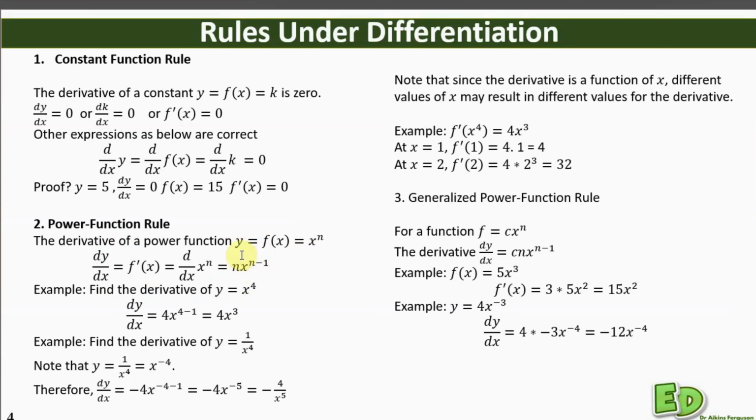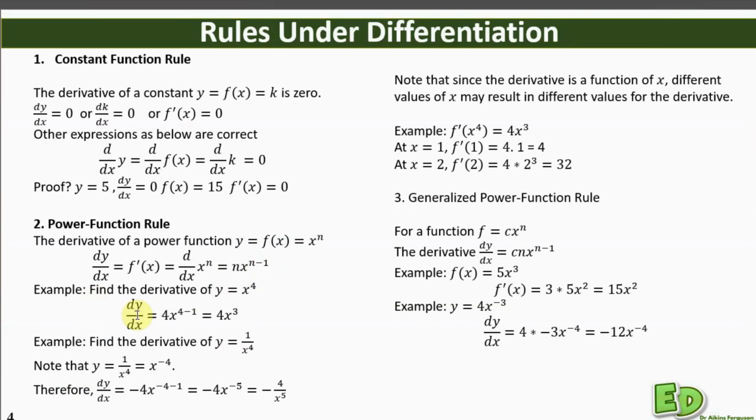So it's simply multiply by the power, that will give you the n, then reduce the power by 1. That is n x raised to the power n minus 1. Okay, that's how we differentiate a power function, right?